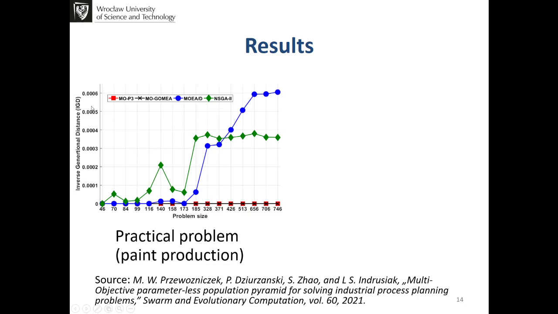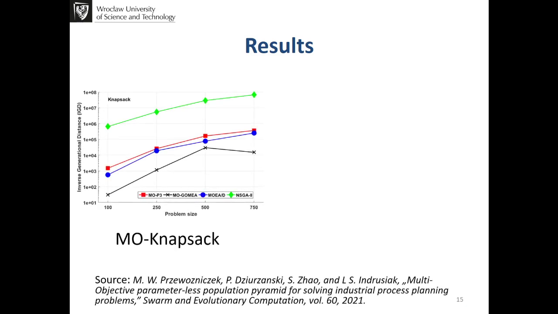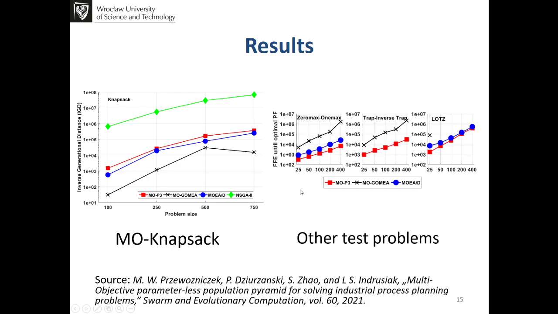We use the inverse generational distance, so we want to minimize the value of the measure. You may see that with the increase of the problem size, the linkage learning methods significantly outperform the traditional ways of multi-objective optimization. Here we have a similar situation for the MaxCut problem, and we also have the multi-objective knapsack, for which actually multi-objective GOMEA is the best choice.